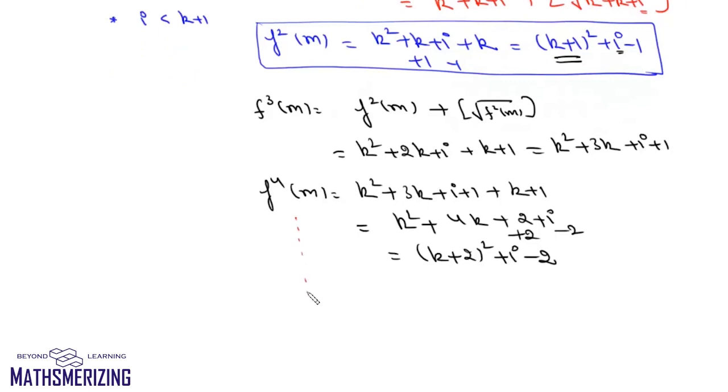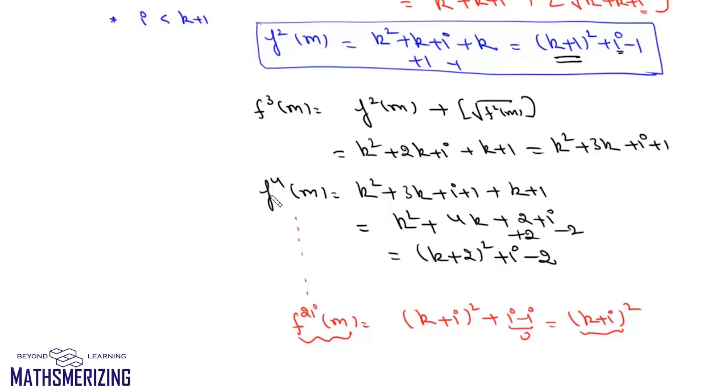So if we continue in the same way, then we can write f to the power 2i m as (k plus i) square plus i minus i. Now this i minus i will be 0. Then in that case, this f to the power 2i m will be a perfect square. So if we choose i as 1, then f square m will be a perfect square.